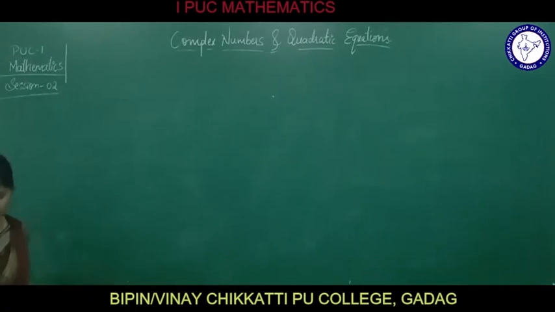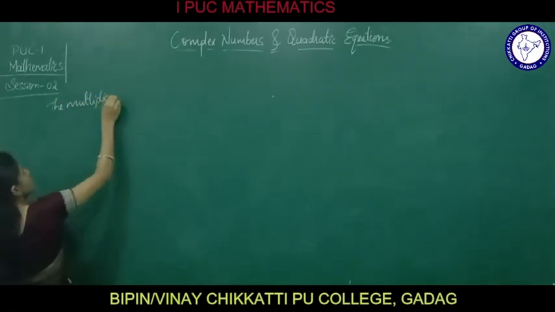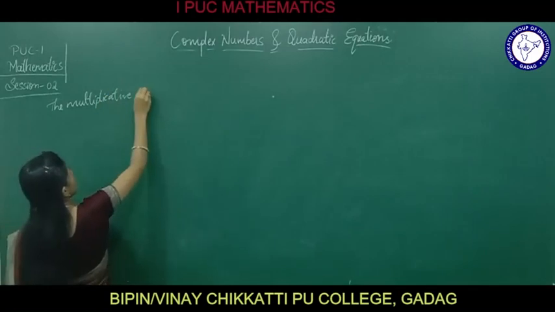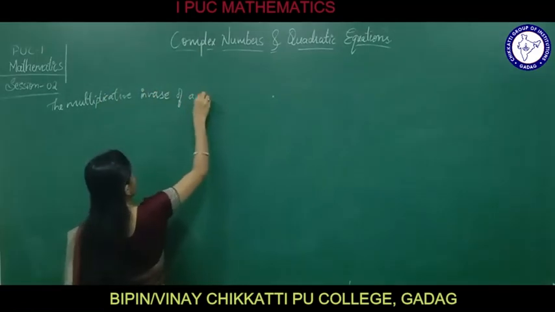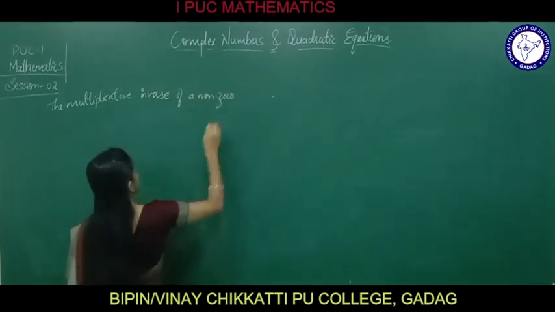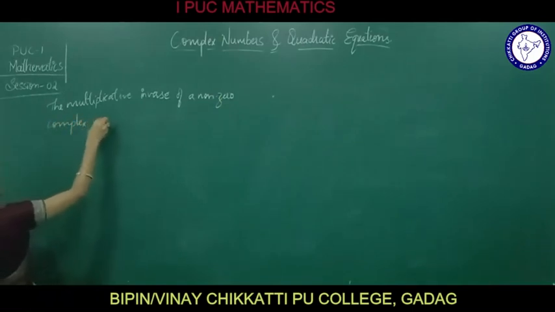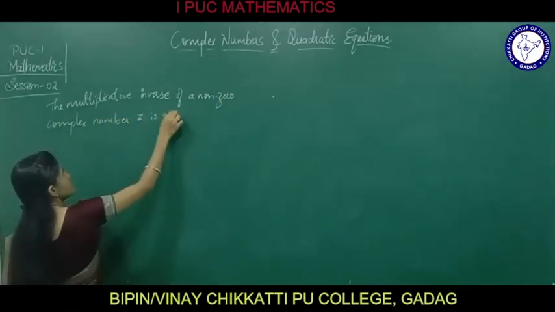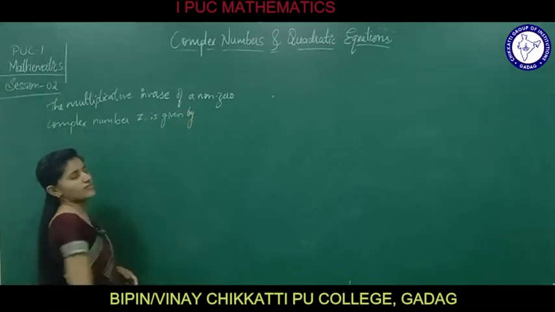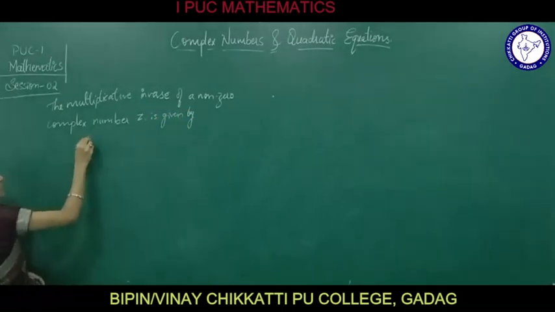The multiplicative inverse of a non-zero complex number z is given by z raised to minus 1.